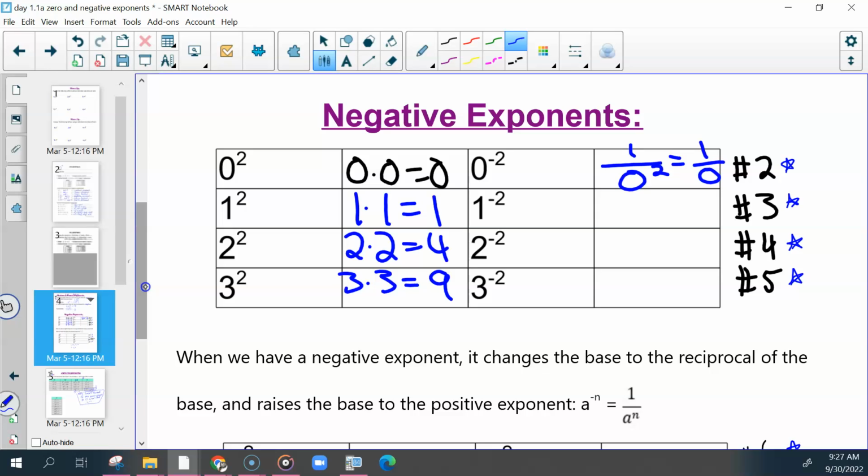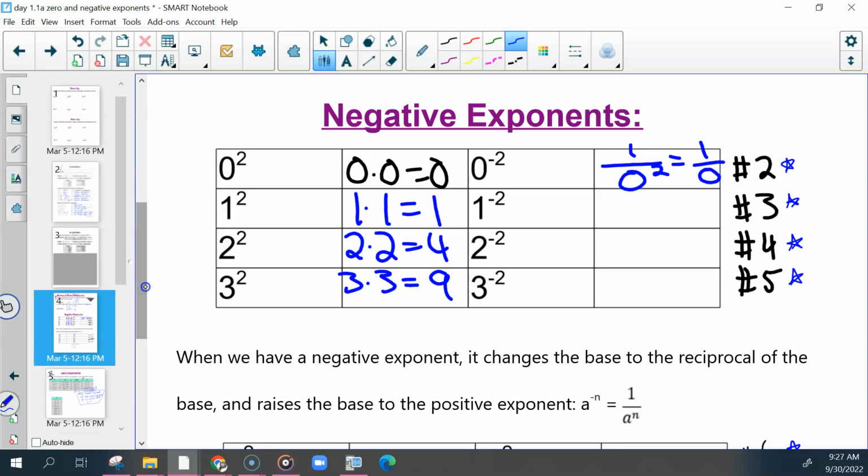But put 1 over 0 in your calculator. What happens? Yeah, there's an error. In this class, basically until you get to pre-calc or calculus, we can't divide by 0. It's undefined. We just don't mess with that.